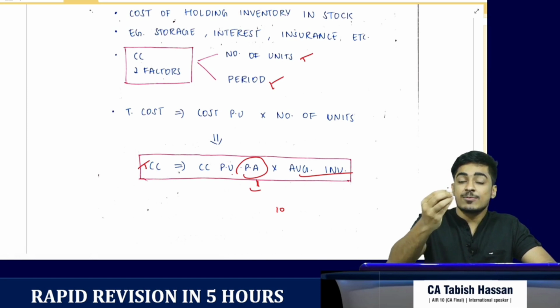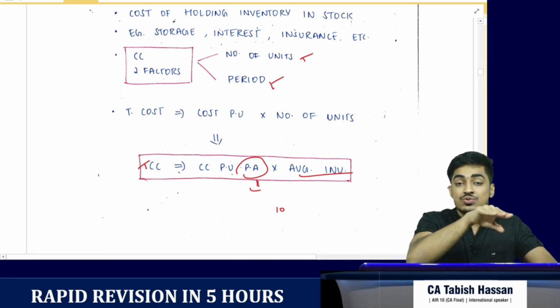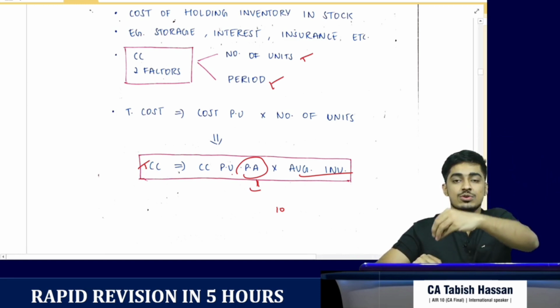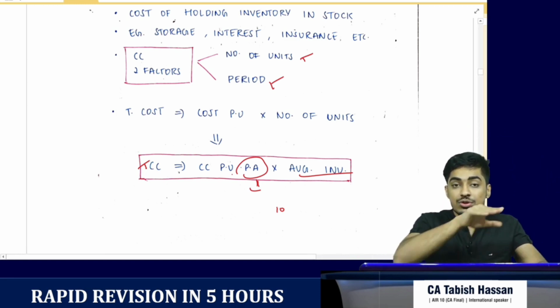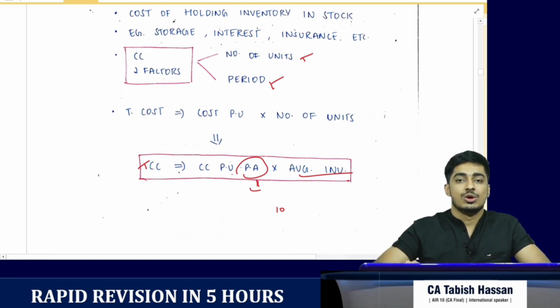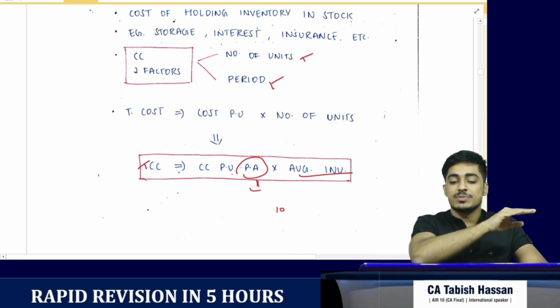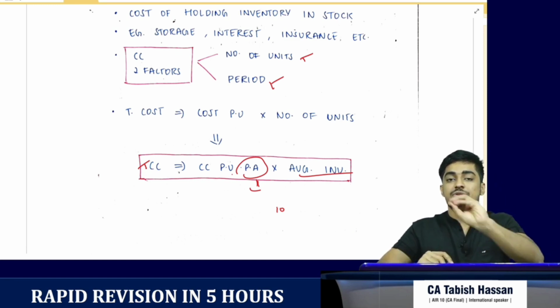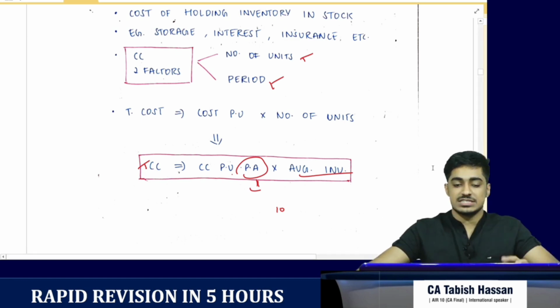Say for example, in a year we want 10 lakh units, but 10 lakh units would not be there throughout the year. We buy 10 lakh units, we go on consuming, it goes on reducing. What I want is the units which I maintain throughout the year. It is the average inventory. Average inventory would be there throughout the year. So total carrying cost is carrying cost per unit per annum into the average inventory.